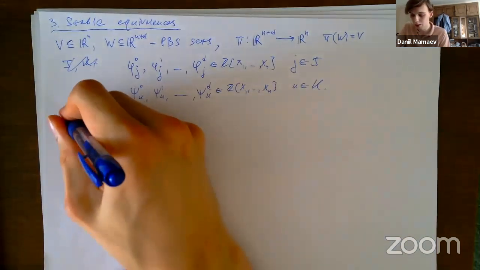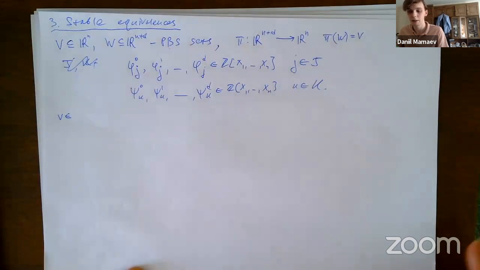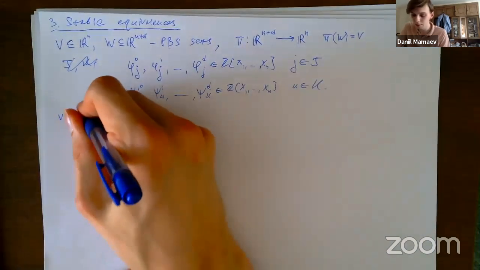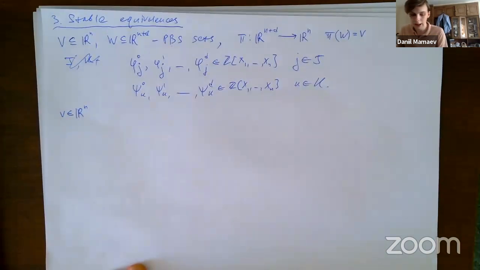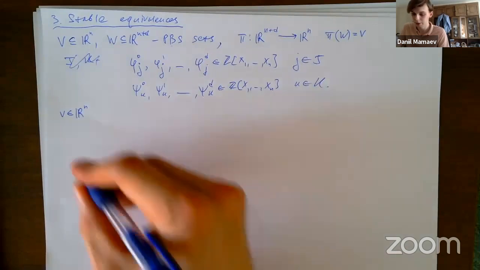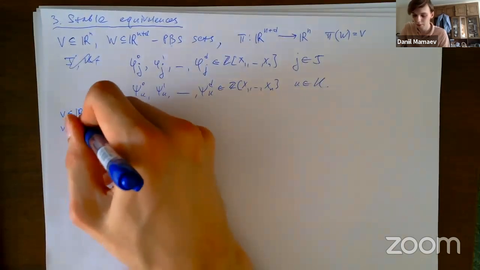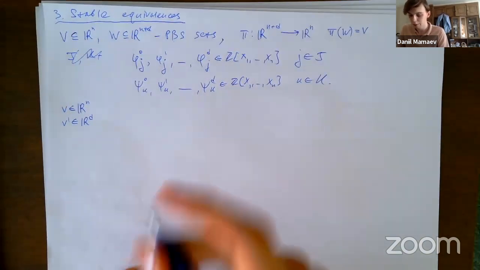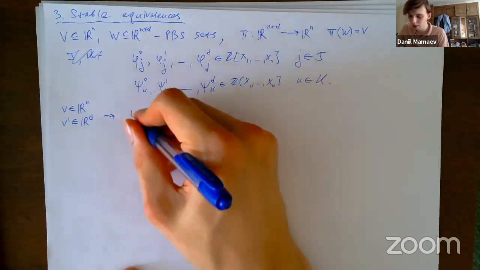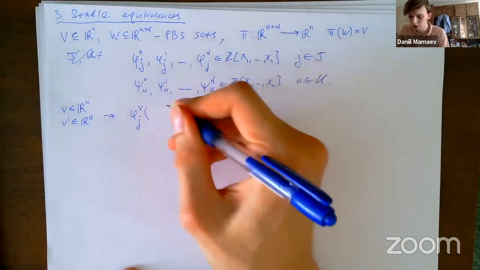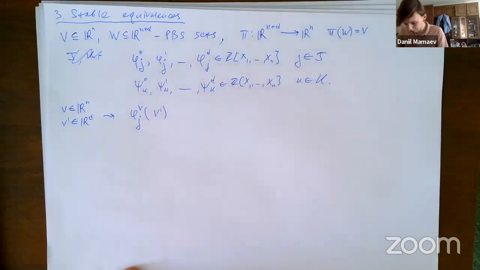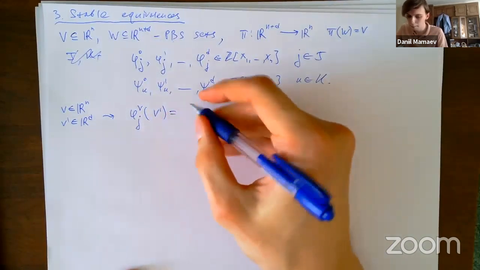These polynomials define, for any element in Rn, a linear functional on Rd in the following fashion. Let V prime be an element of Rd. Then this functional, well, it's not linear, it's actually affine.